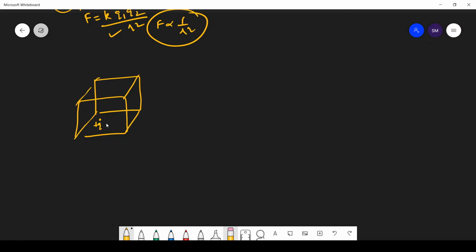Dipole means plus q and minus q. So what is the flux through the surface of this cube?